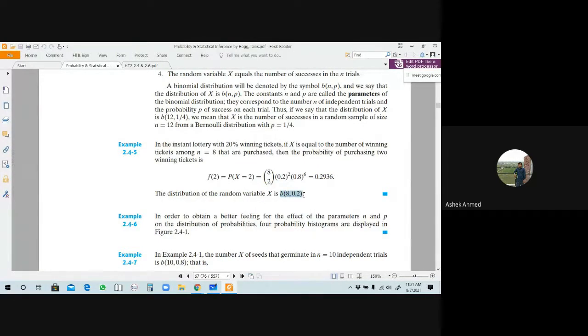Here 8 represents the number of tickets, and 0.2 represents the probability of winning tickets. This is our result here.